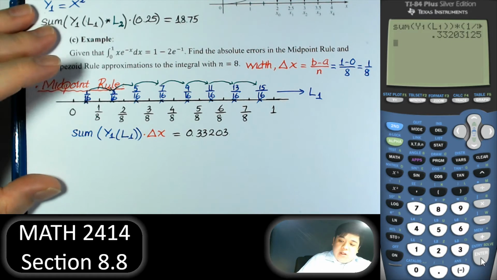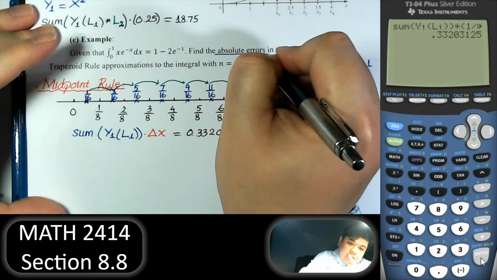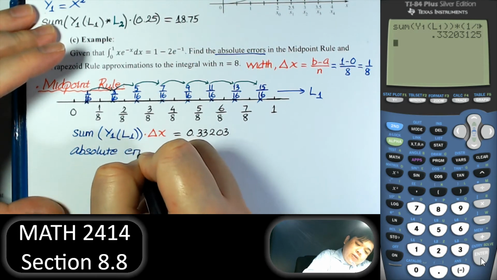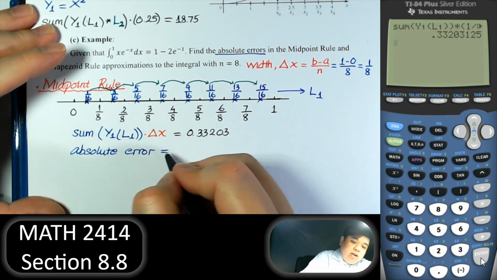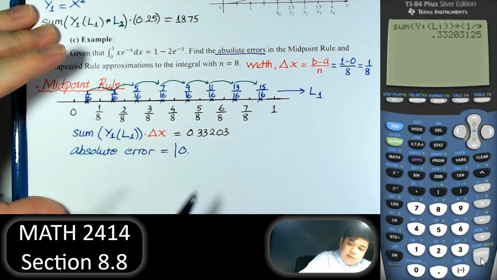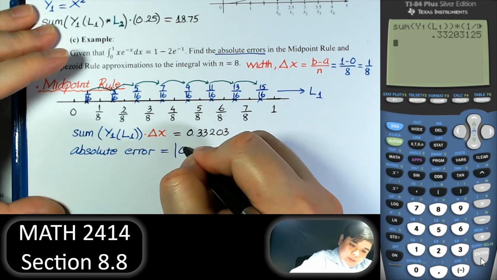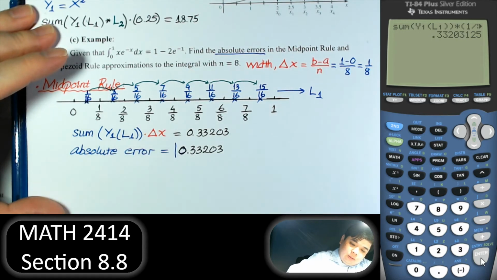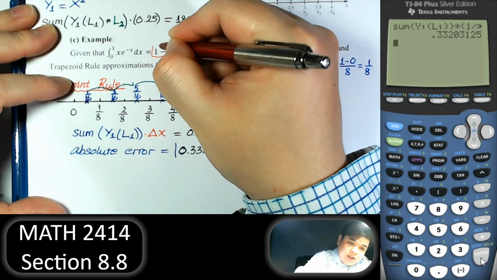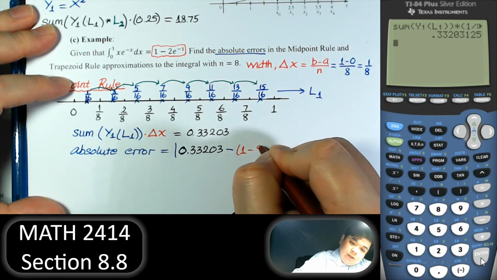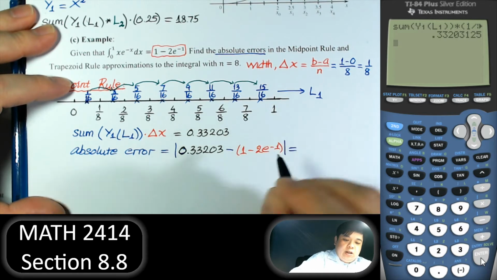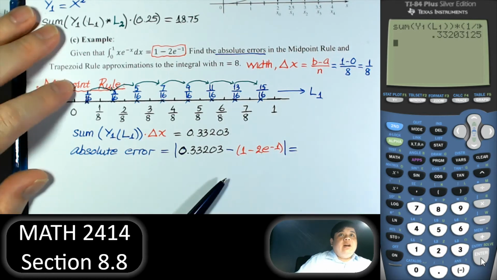Right. Now the absolute error. We're going to take these values and we subtract the actual values. So the approximation minus the exact value.